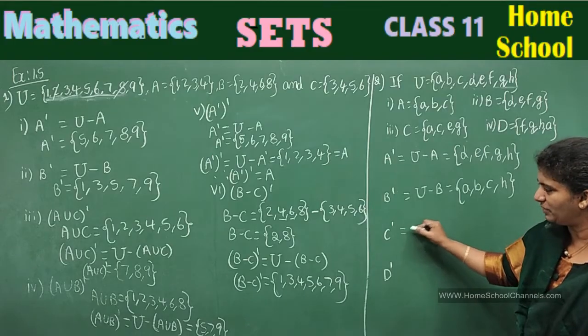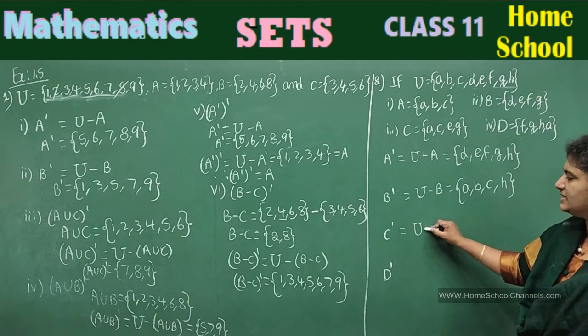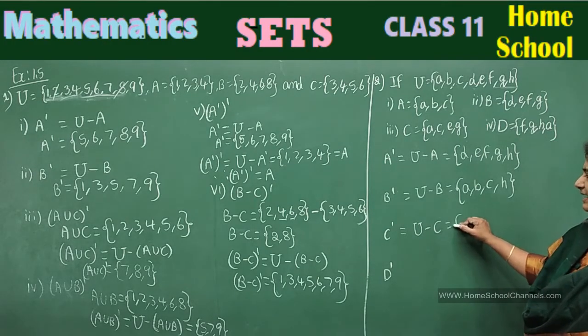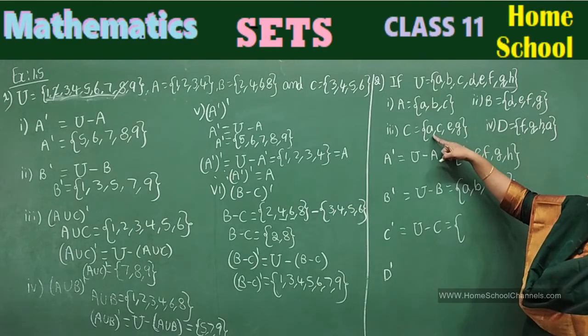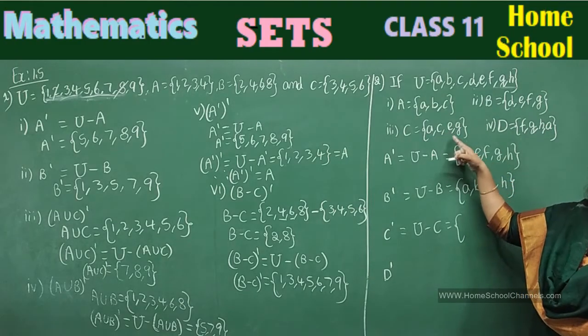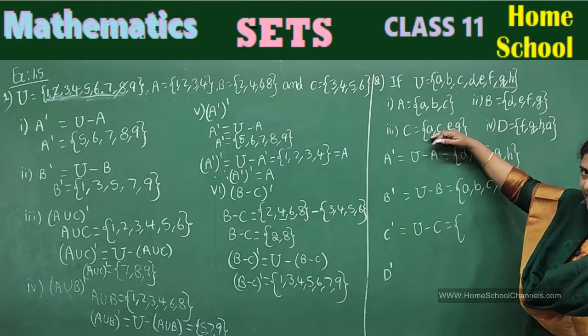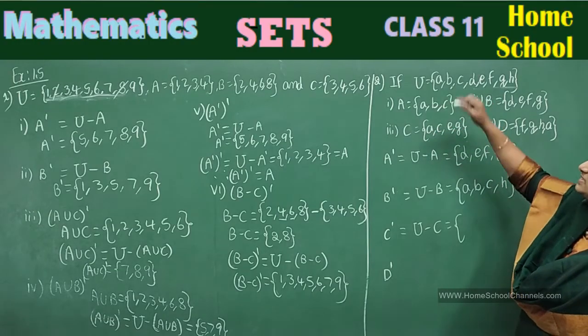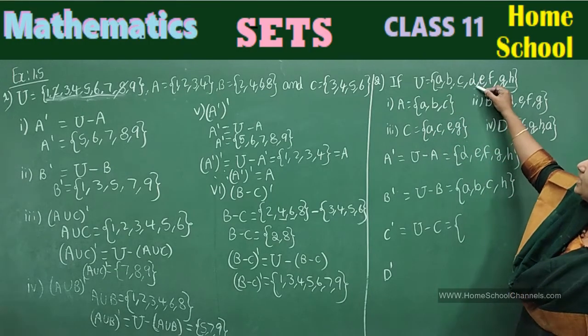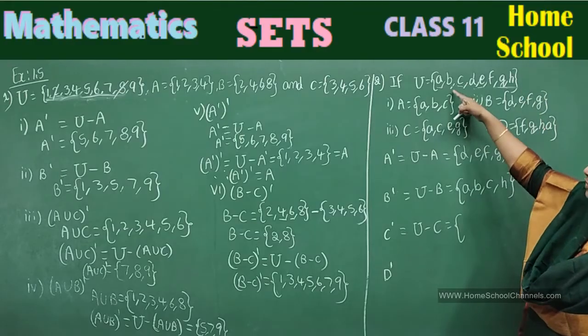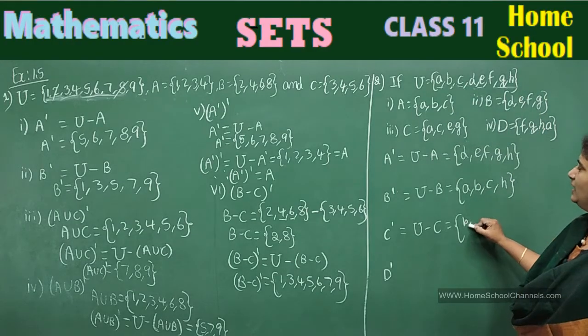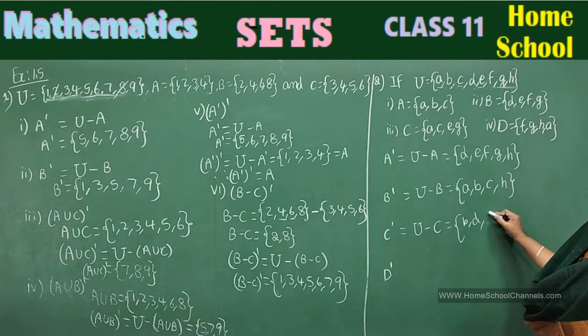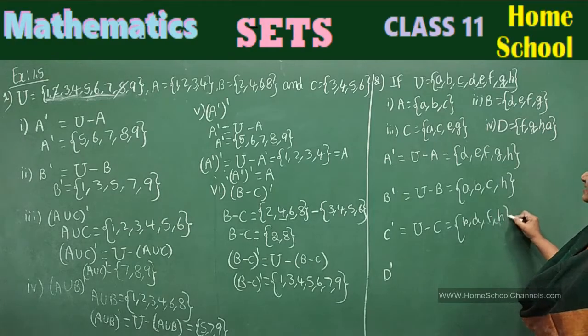Next, C complement. Universal set minus C set. See what you have? a, c, e, g. These elements removed from the universal set. If you remove a, c, e, g, what do you have? b, d, f, h. That's it.